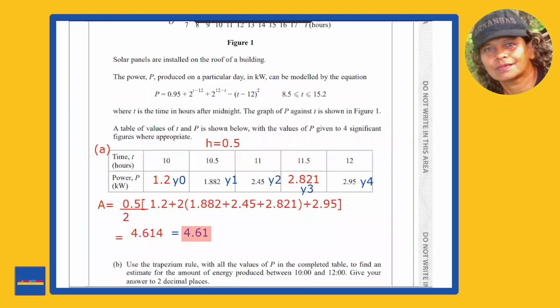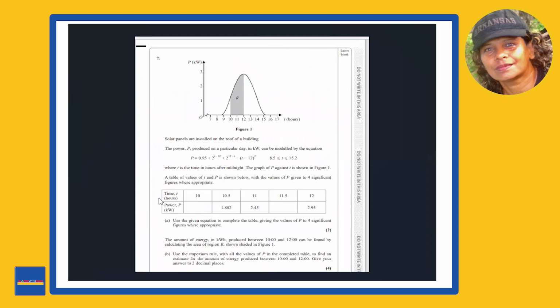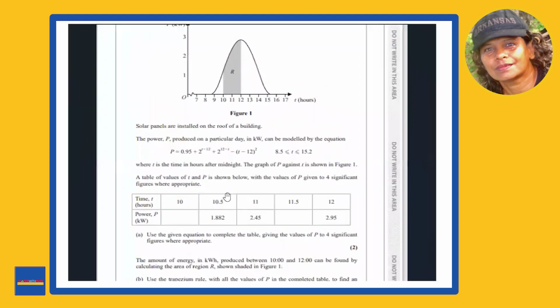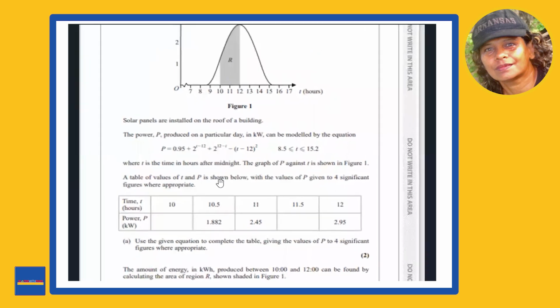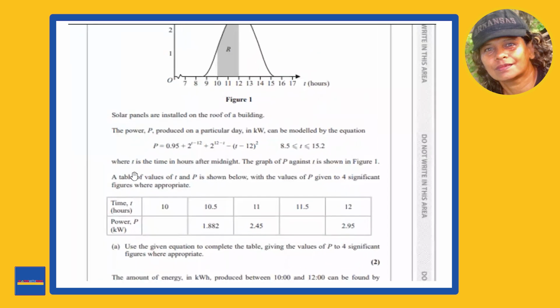The first part, part A, is where we are given certain information and asked to use the given equation to complete the table and give the values of P to 4 significant figures where appropriate.